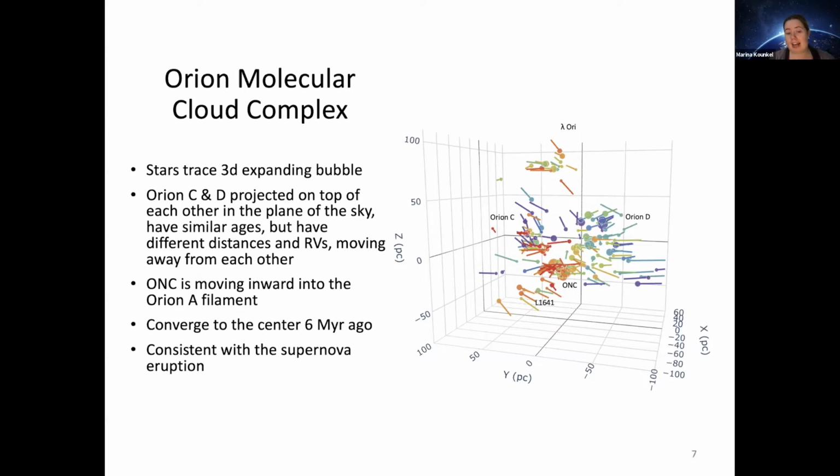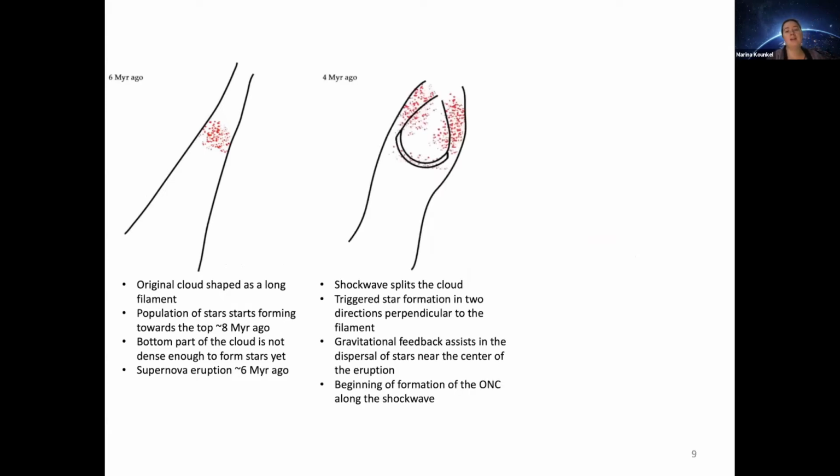So what likely has happened, or at the very least how I interpret the star formation history in this region, is that originally the entire Orion could have been something akin to a simple filament that 8 million years ago would have started forming stars. Probably 6 million years ago, one of those stars has died off, and it would have created a bubble around itself as a shockwave interacted with the remaining molecular gas.